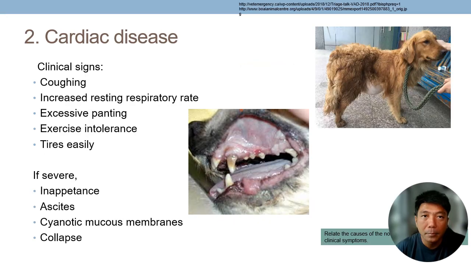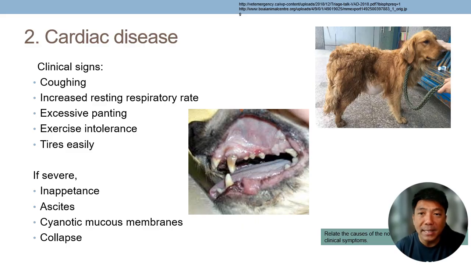The clinical signs of cardiac disease can vary depending on the severity. Common signs include coughing, panting, exercise intolerance, and an increased resting respiratory rate.